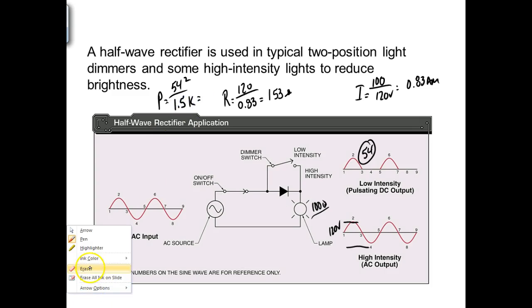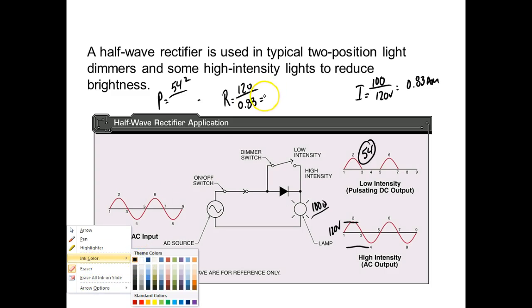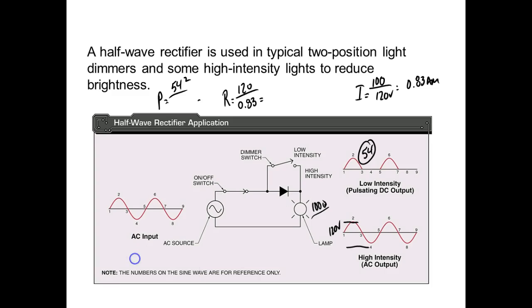I know it didn't drop down that much. 0.83, or 830 milliamps. 145? So V squared over 145 or about that. 54 squared, what we got?